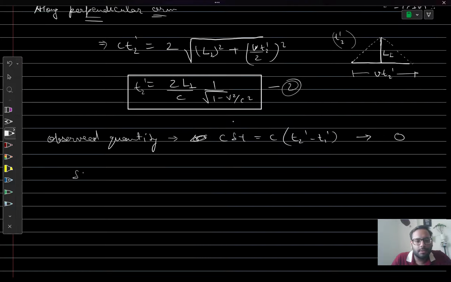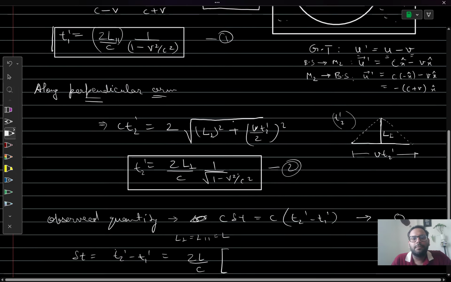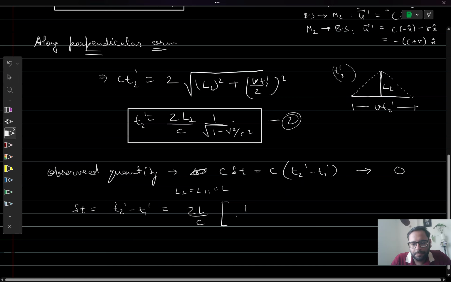So let's calculate t2 minus t1 prime. Because I have taken L parallel equal to L, I can directly write this as the difference between the two: 1 minus v square by c square, minus this.